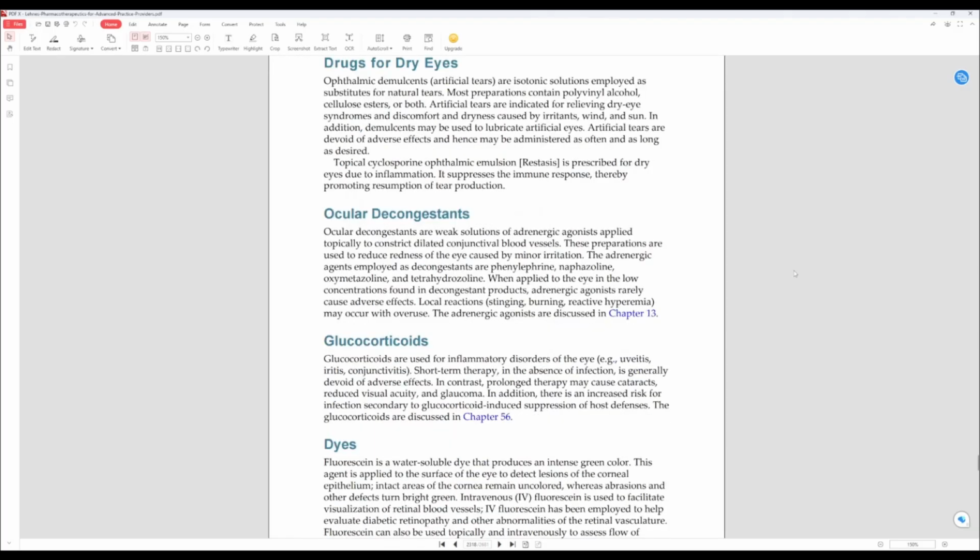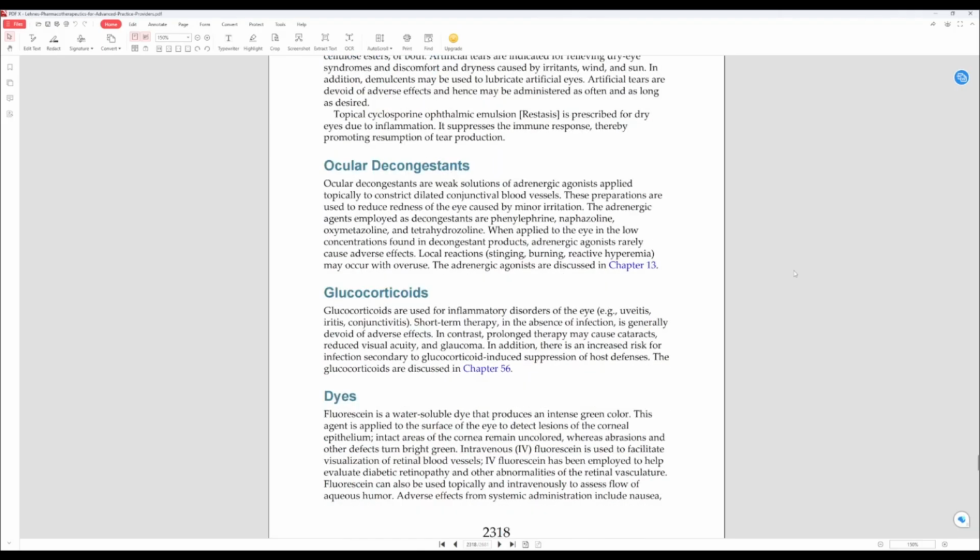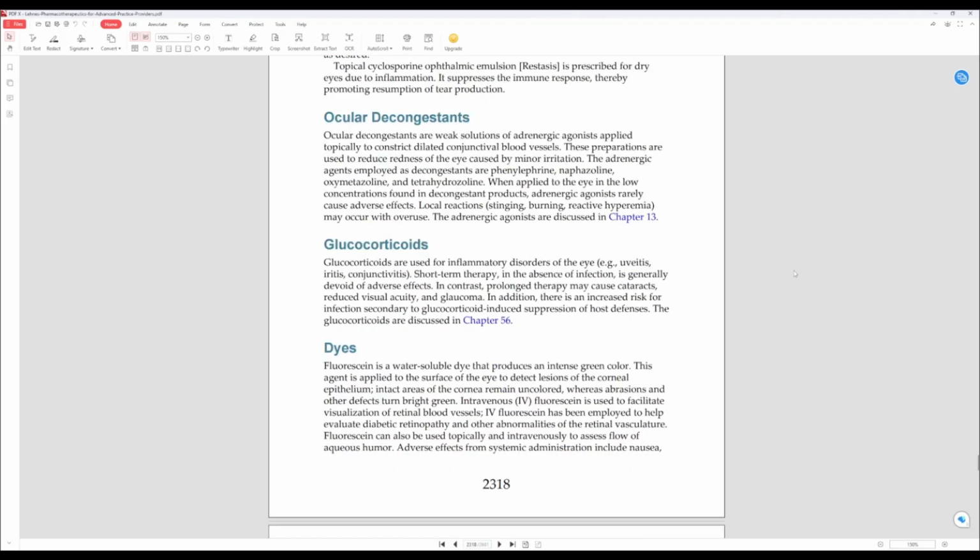Ocular decongestants are weak solutions of adrenergic agonists applied topically to constrict dilated conjunctival blood vessels. These preparations are used to reduce redness of the eye caused by minor irritation. The adrenergic agents employed as decongestants are phenylephrine, naphazoline, oxymetazoline, and tetrahydrozoline.